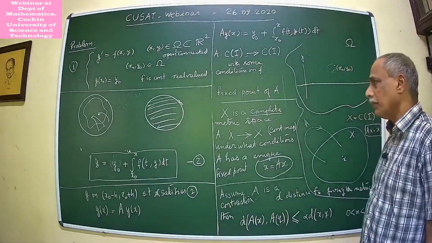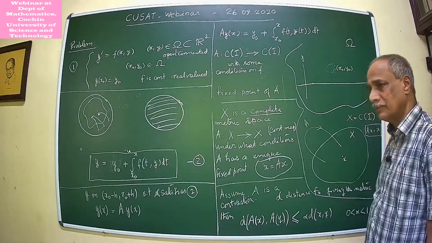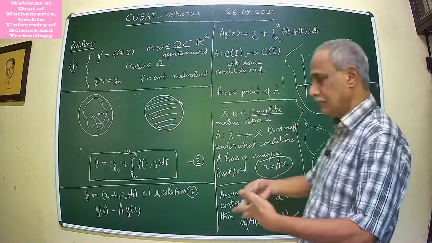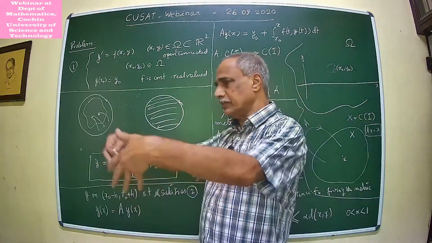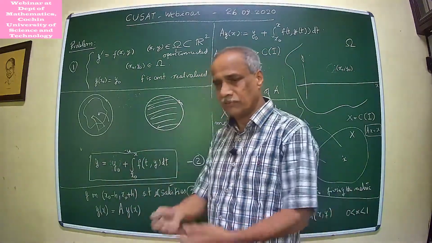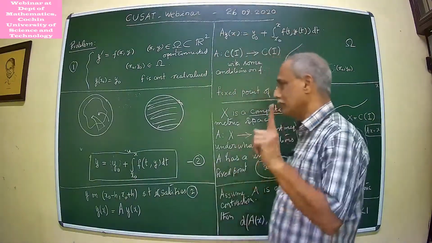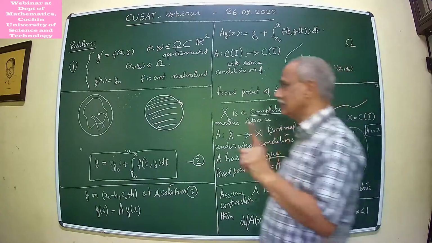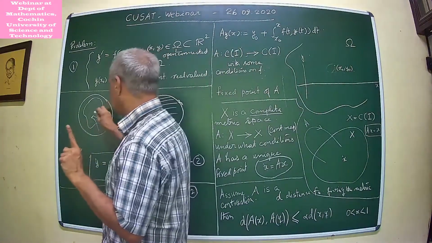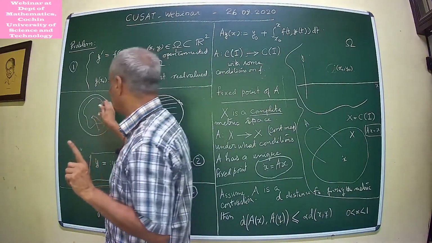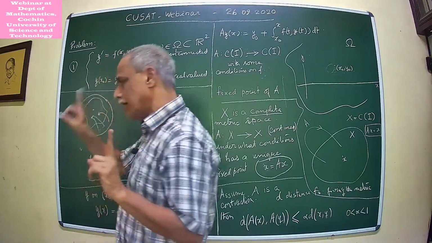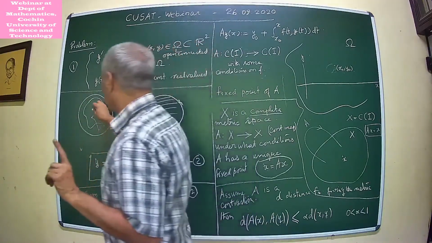Therefore, what you have is a contraction. So the distance between all the points has come closer. And then what the theorem says is that there is exactly one point in this which has not moved from its position, one and only one.